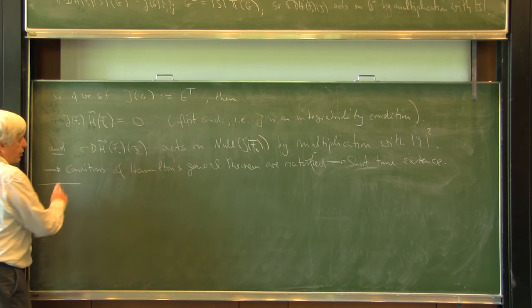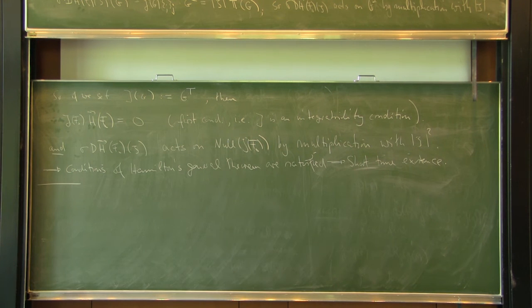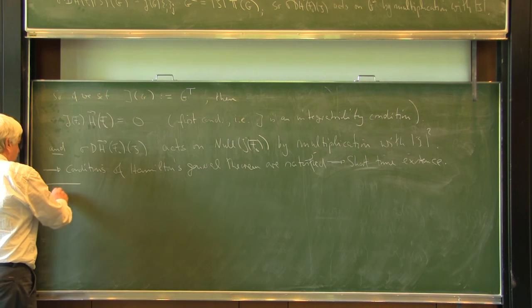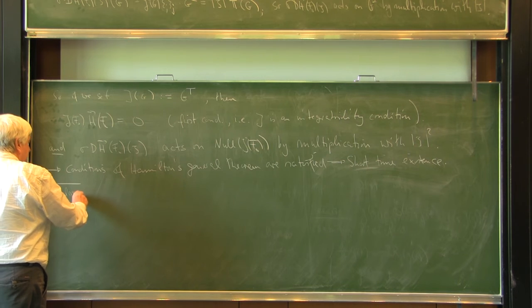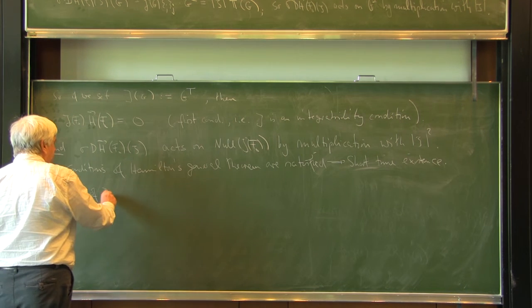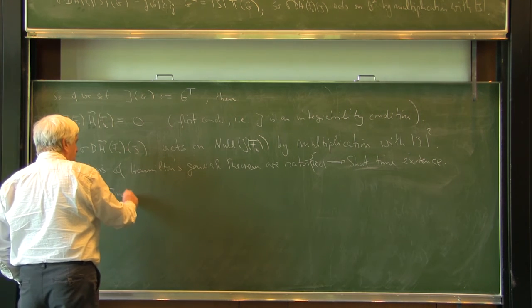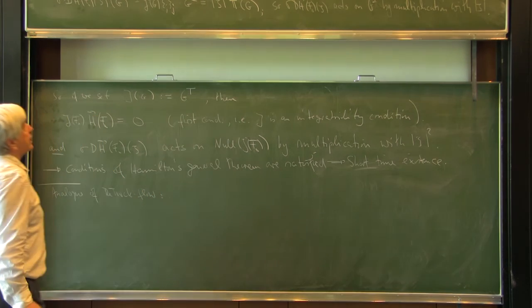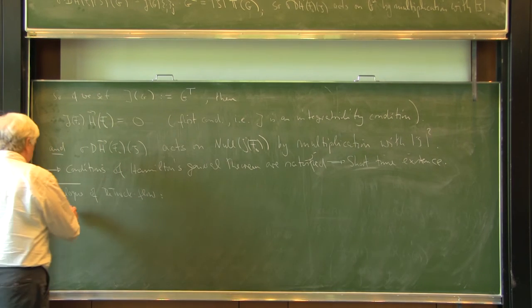But I would like to point out also that the analogy is similarly striking when you look at the de Turck trick. So the analog of de Turck flow, well, in this case, it's very obvious, right?